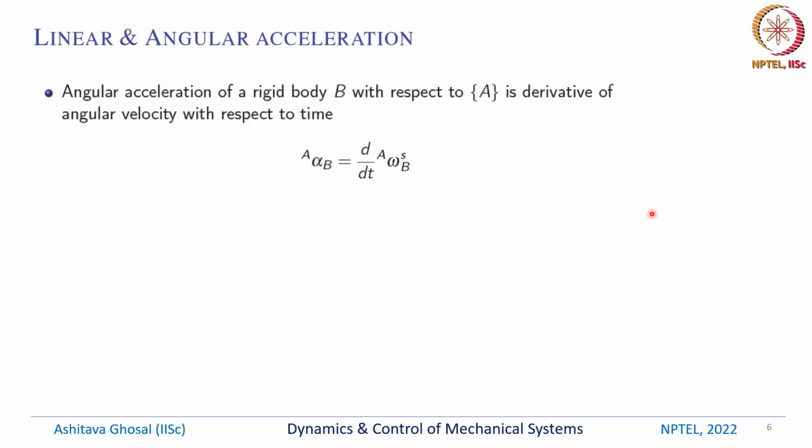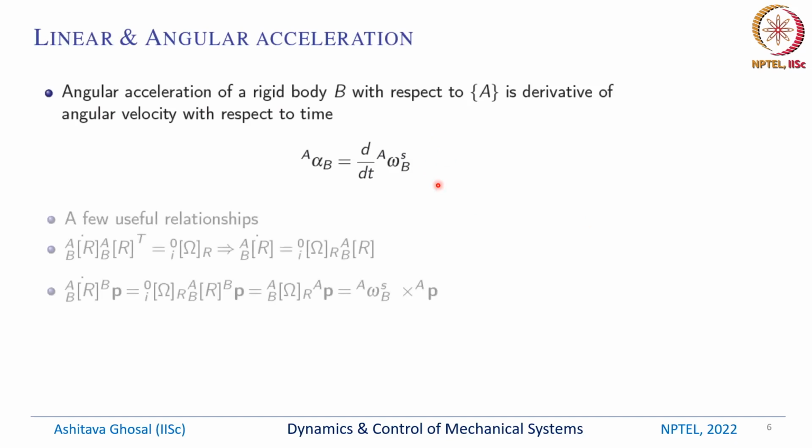Remember, angular velocity is a vector and we can take the derivative of each component of the vector and get the angular acceleration. It is simpler than when we went from rotation matrix to angular velocity, because now we are dealing with vectors.